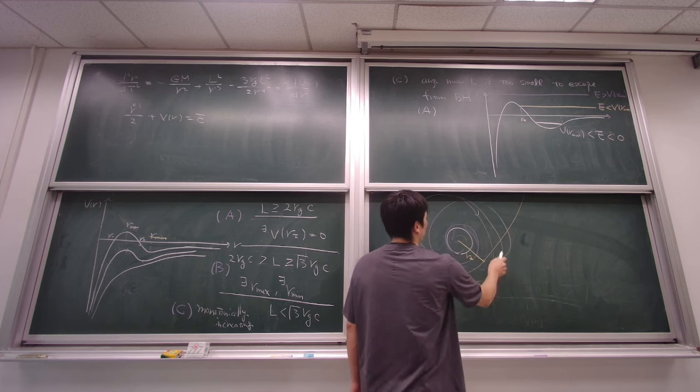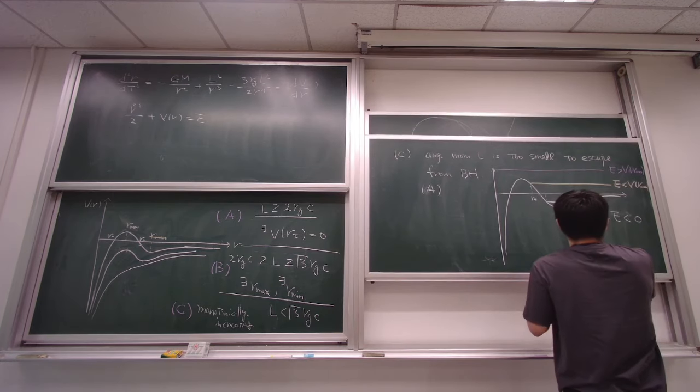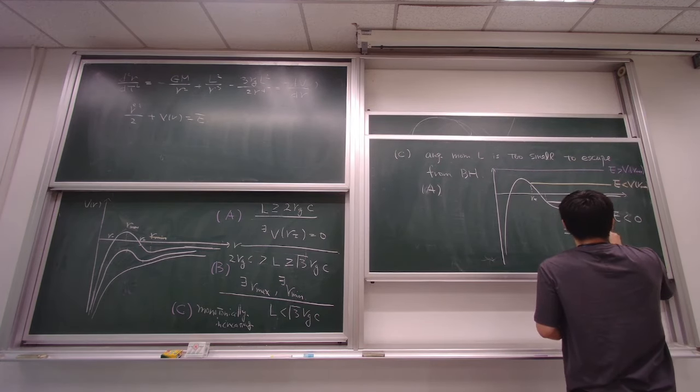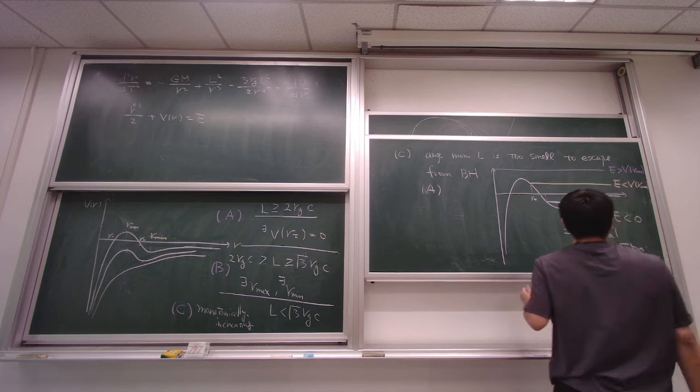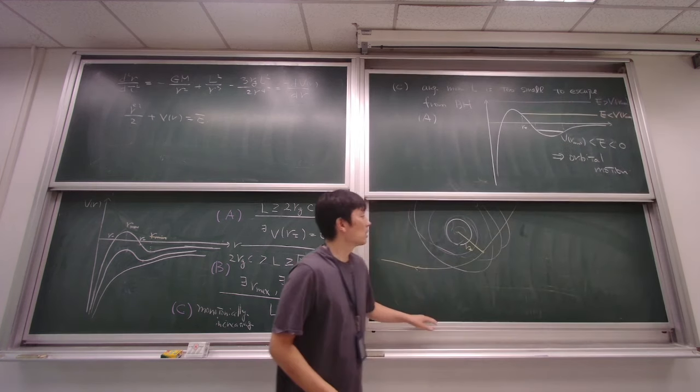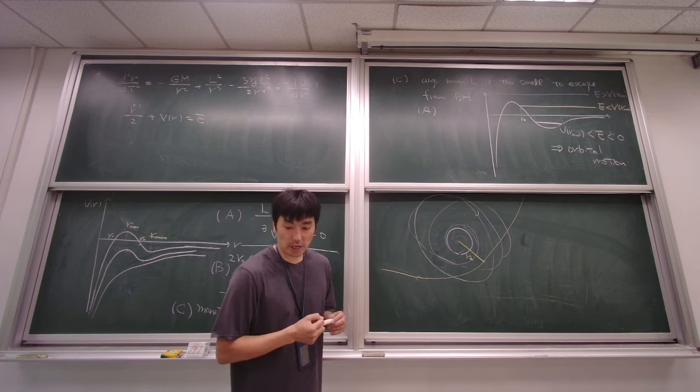So this will give you orbital motion. So it's trapped by the potential well. That's what's really happening.